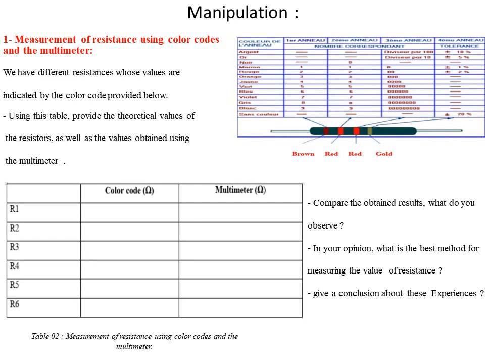This table represents the color code. We will take all the results from the color code and the multimeter and write them in this table.